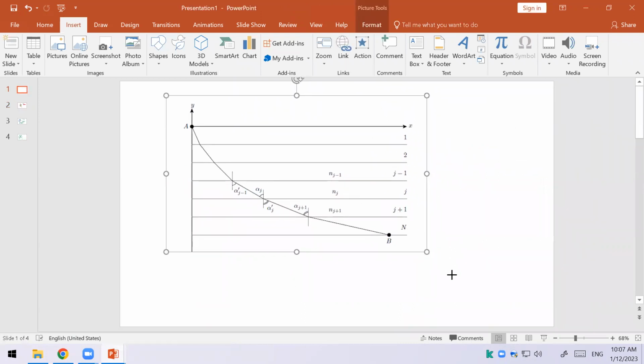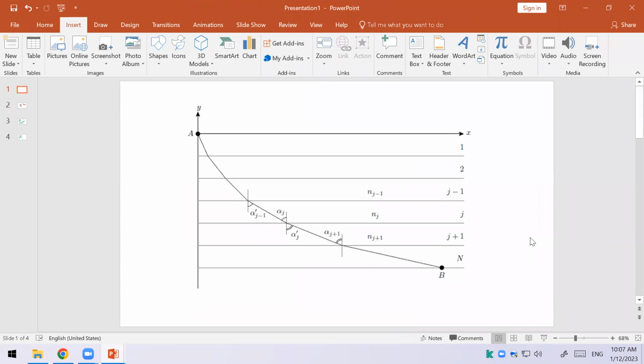Okay. So now instead of having just 2 layers, I have multiple layers. You could just imagine that there are n layers, and each layer has a different refractive index. Now, how would the light get refracted?